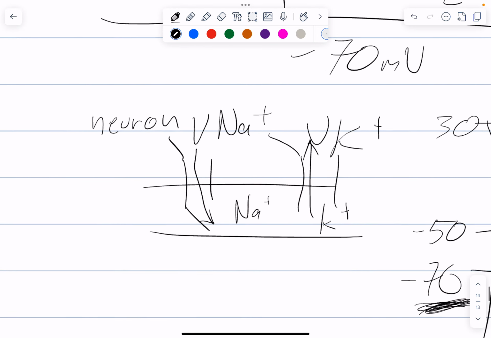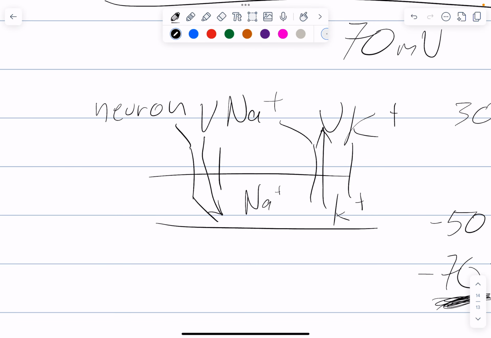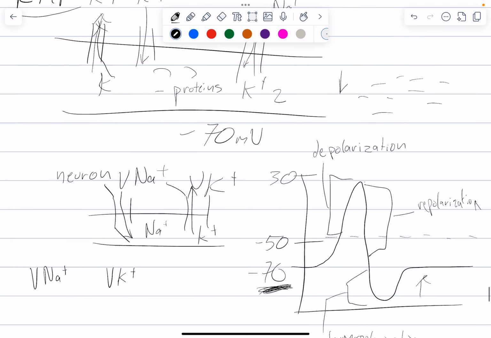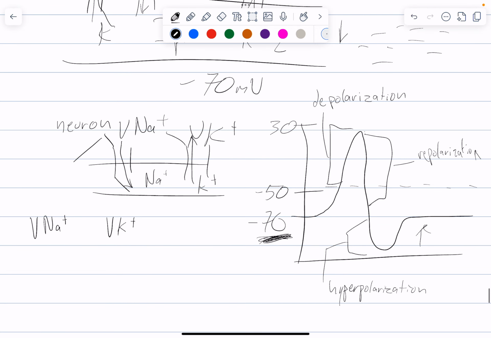So the things that affect the action potentials are the voltage sodium channels and the voltage potassium channels. There is an activation gate and an inactivation gate.